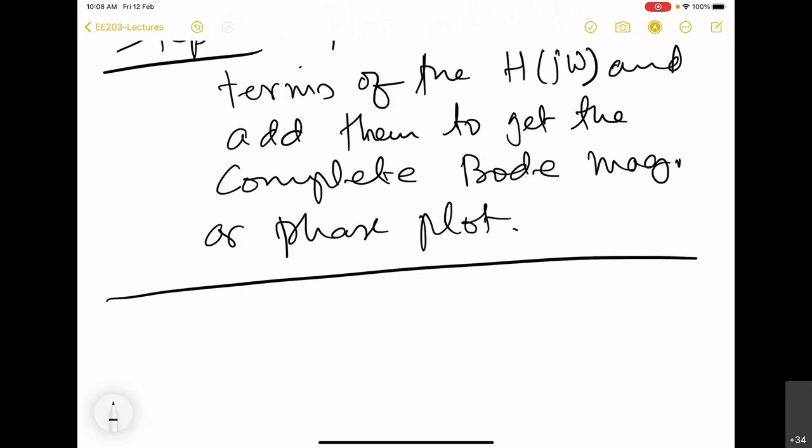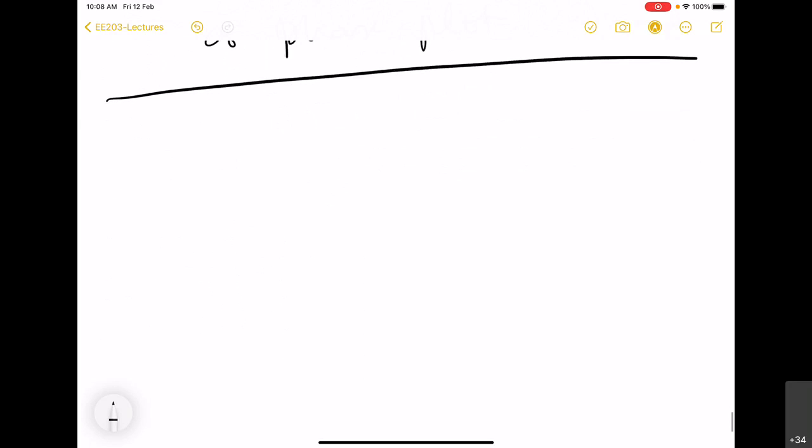So now we will see the Bode plot of each of those individual terms so that we can make the complete plot of any given transfer function.